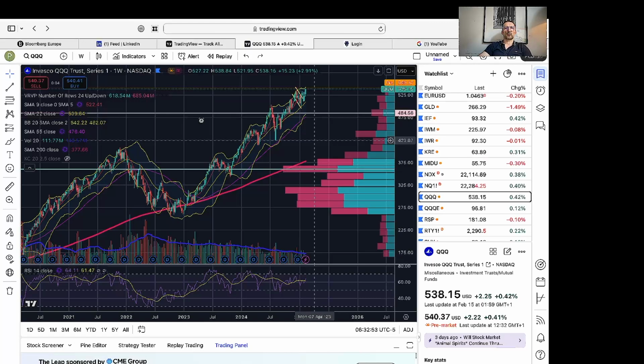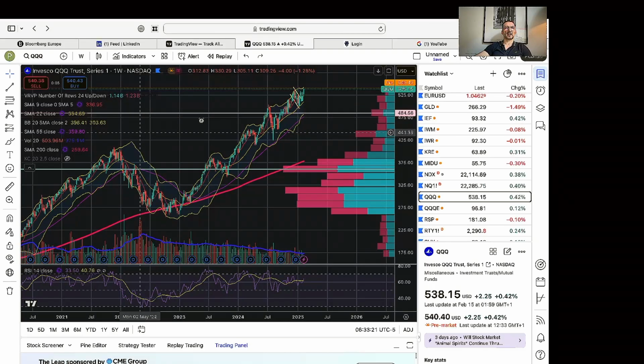So what we have here is a risk that the price is overextended above key moving averages, increasing the probability of a pullback or consolidation. If we look at the Bollinger Bands and Keltner Channel Bands, we can also see that there is an extension.